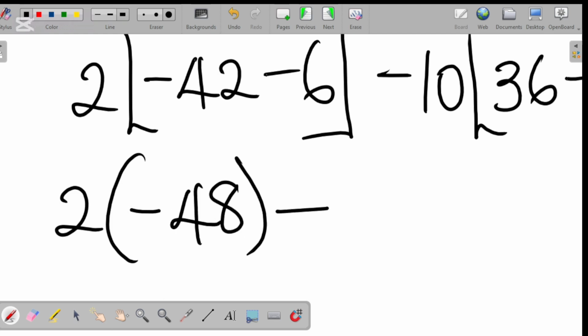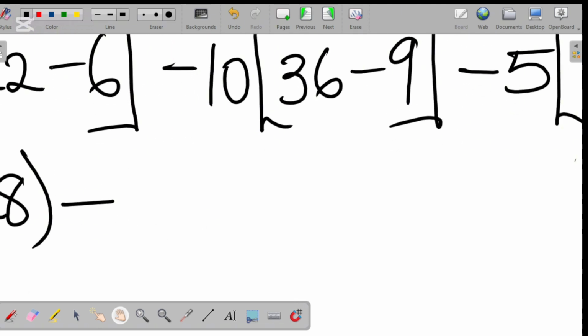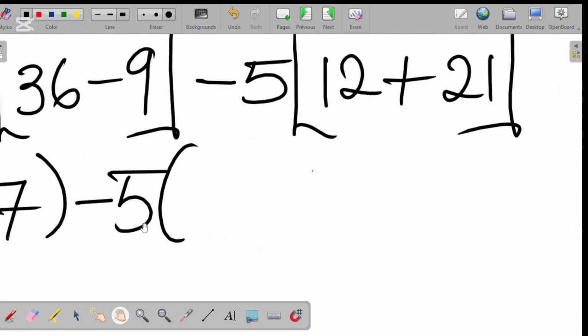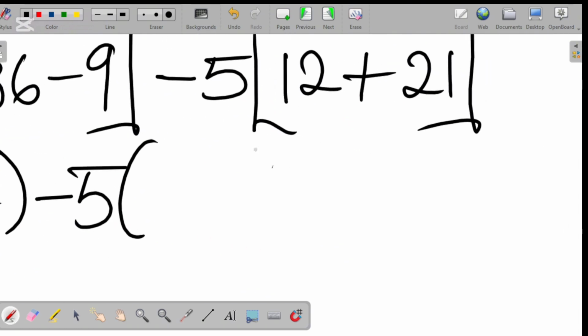And then minus, we have here 10, open bracket, 36 minus 9. So we are going to have 27. Minus 5, open bracket, 12 plus 21 gives us what? It gives us 33.